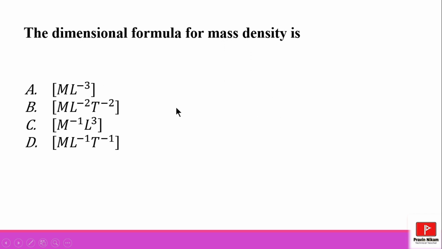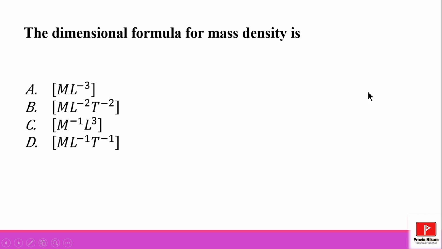Convert the unit into mass, length, time and temperature form. M means mass, L means length, T means time, and K is for Kelvin, that is for temperature. The unit of mass is kg, the unit of length is meter, the unit of time is second, and the unit of temperature is Kelvin.